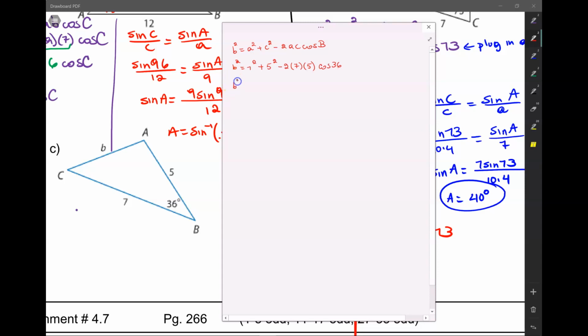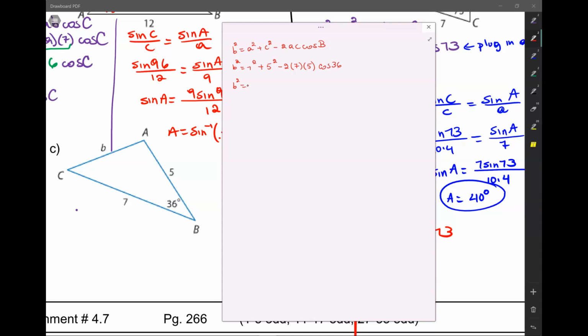So anybody have B squared already? What do you have? No, b squared, all of b squared. Is all of b squared 4.2? Okay. B squared is 17. And then b is 4.